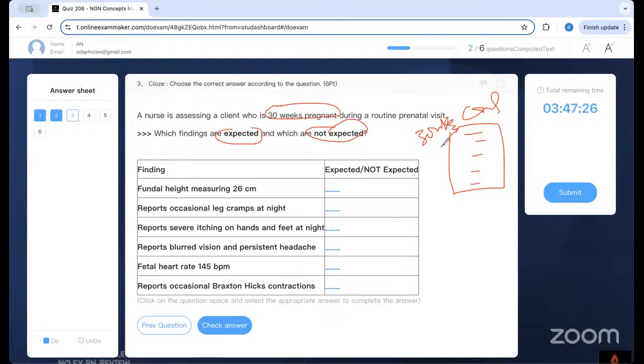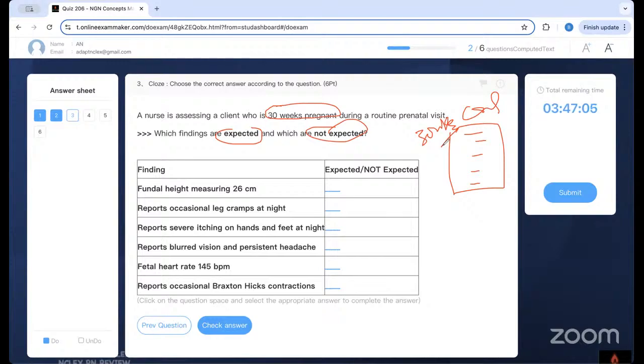If I see something I should not expect, I'm not picking it. Then I'm worried about it. That means it's an unexpected finding. That's all. So I know I'm dealing with 30 weeks. I know I'm looking for things I will see at 30 weeks. The fundal height is 26. What do you think?